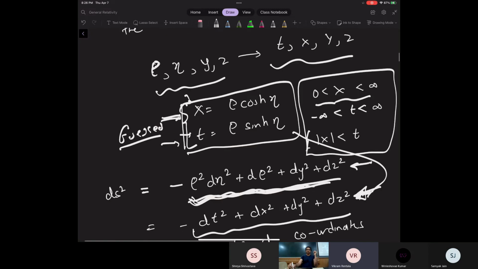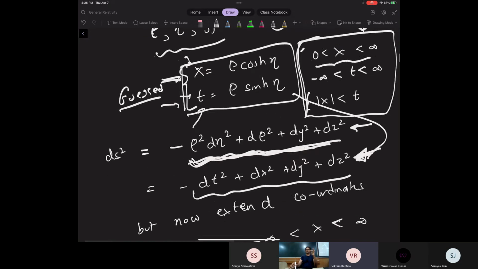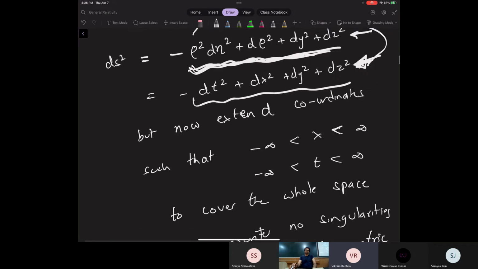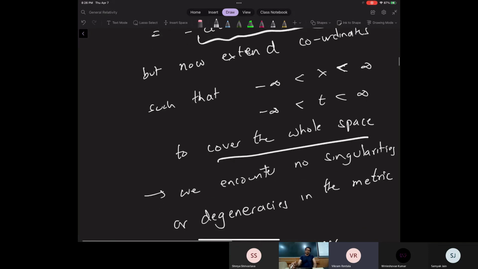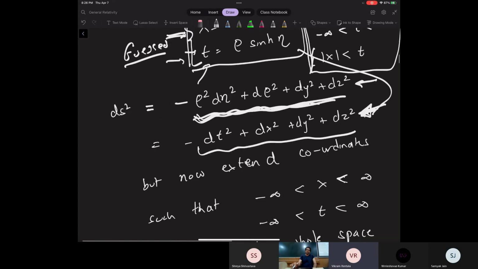That is, even though the t, x, y, z under my dictionary are only valid in this range, now that I have this dictionary and I find that the metric is regular, let me just extend them to t is plus minus infinity, x is plus minus infinity without any restriction. Okay, and I'll cover the whole space. Now you encounter no singularity or degeneracies in the metric.